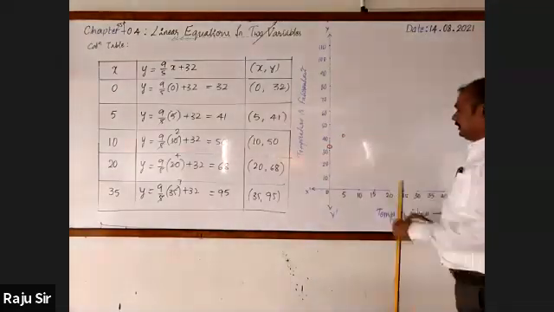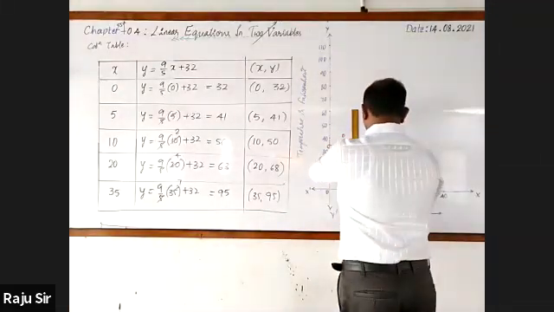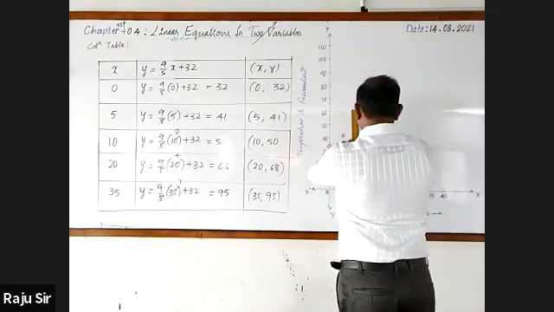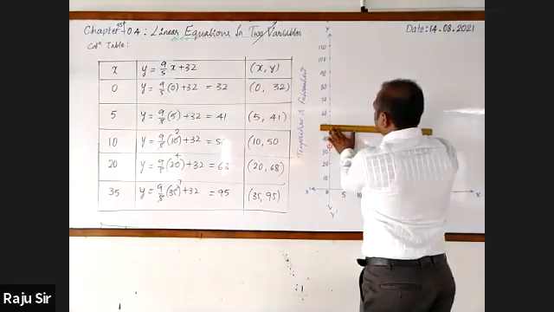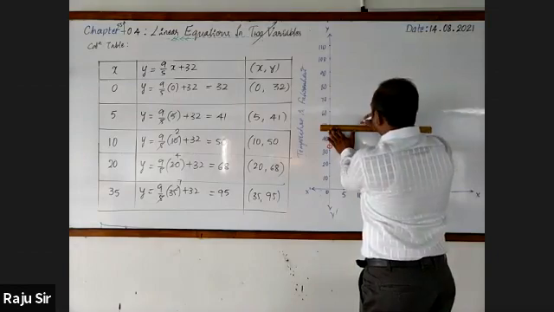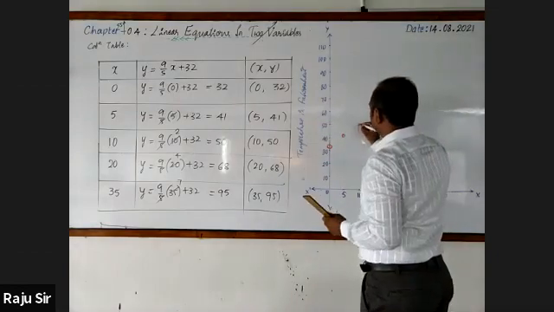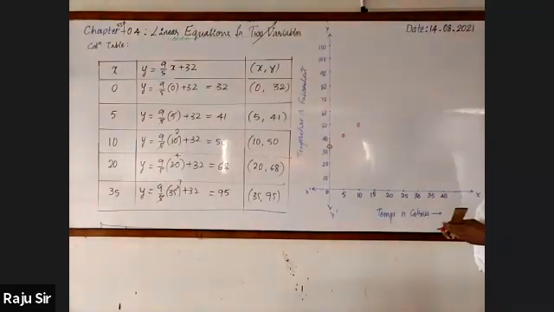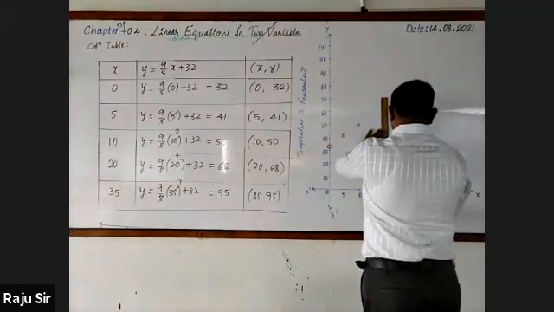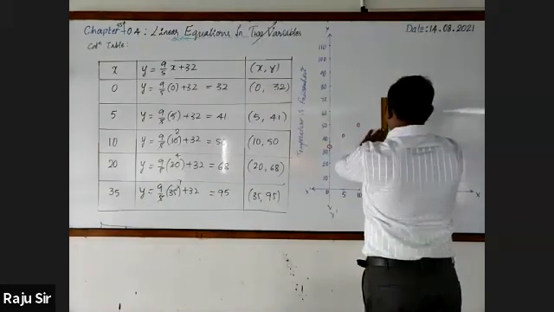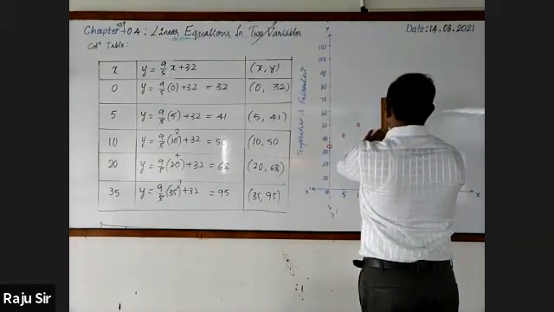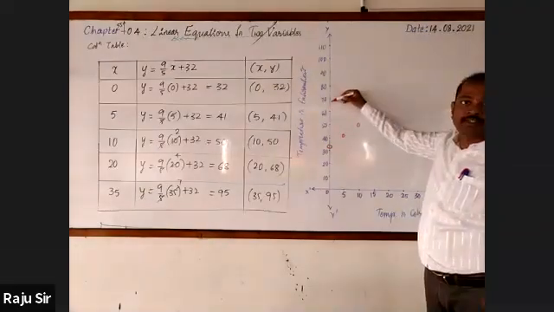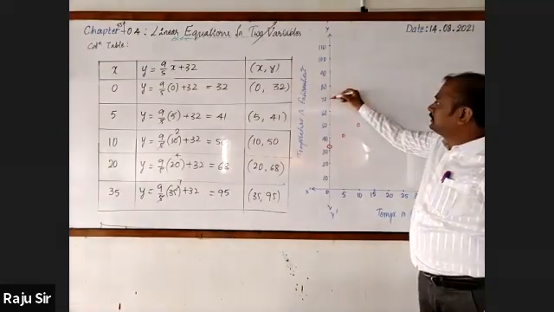10 degrees Celsius. In Fahrenheit, it will be 50. Next, 20 on the x-axis and 68. Between 60 and 70, 10 boxes are there.